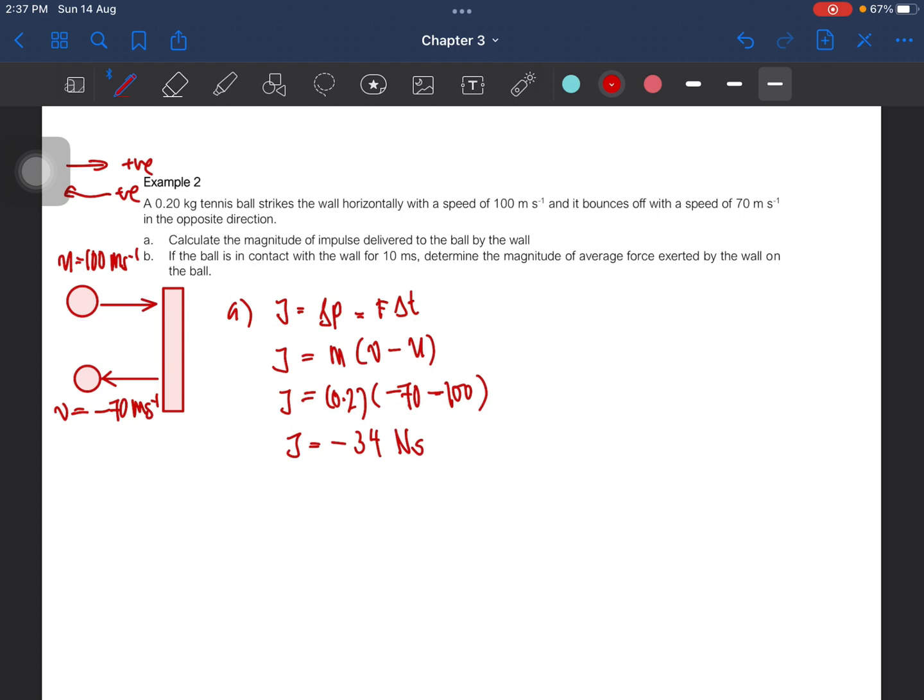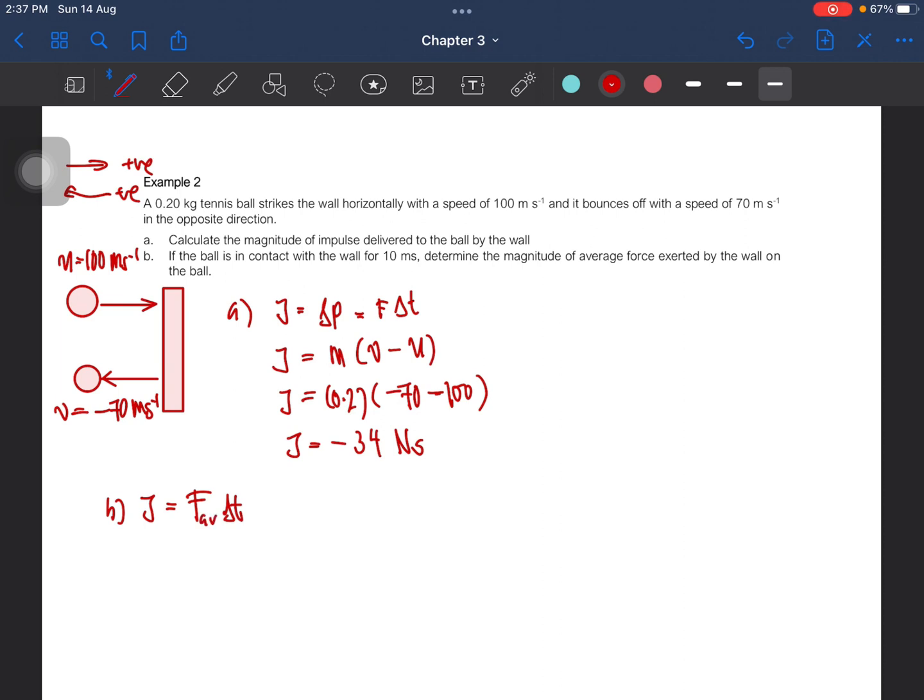Next, we have to calculate question B. If the ball is in contact with the wall for 10 milliseconds, we have to determine the magnitude of average force exerted by the wall on the ball. We are then going to use the impulse formula for the average force.